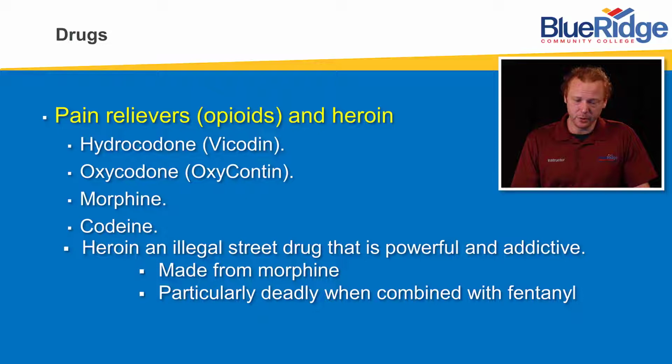Pain relievers like opioids and heroin. You have Vicodin, Oxycontin, morphine, codeine. Heroin is an illegal street drug that is powerful and addictive. It's made from morphine and is particularly deadly when combined with fentanyl. And there seems to be a growing trend of mixing these drugs together as well.